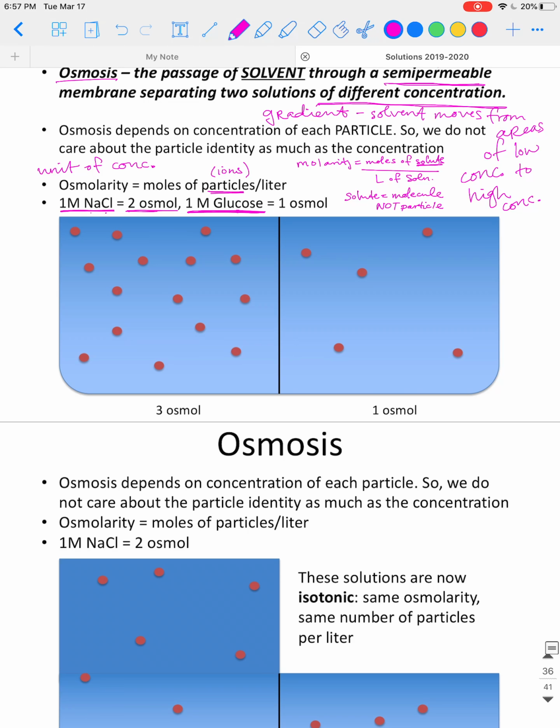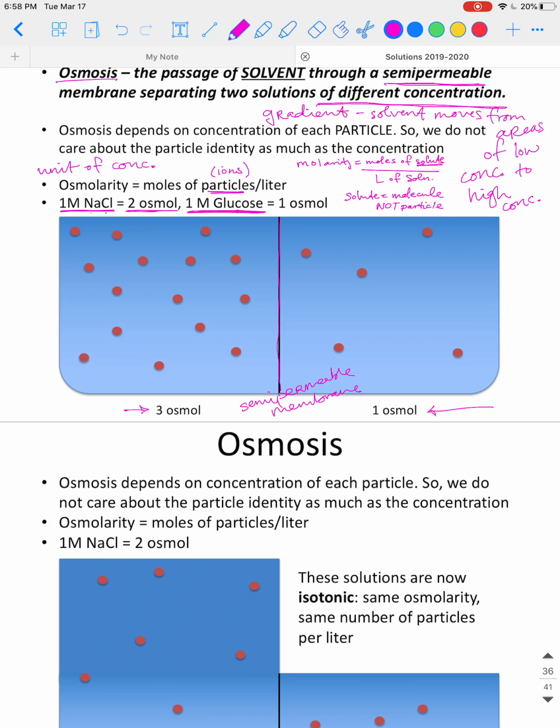All right, moving on, if we had a setup like this, so this black line right here, I'm going to draw a pink line over it. This is our semi-permeable membrane, separating 2 solutions, and you'll see we've reported their concentration down here at the bottom in osmolarity.